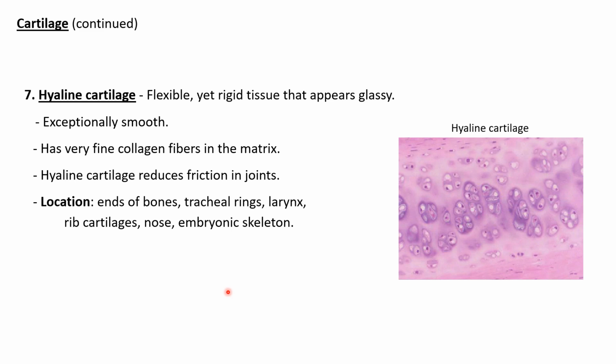So on the chicken drumstick, the really shiny, whitish tissue on the ends of the bone, it looks almost like plastic. That is hyaline cartilage. And this needs to be really smooth on the ends of joints because it helps the bones move against each other, but without friction.